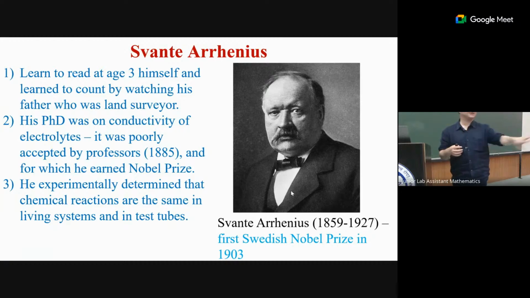They thought it was a disaster. They wanted to fail him, but just to be nice to him, they gave him a grade. In Sweden in those times, grades were 1, 2, 3, 4. He was given grade 4, the lowest possible grade. So yeah, there is no prophet in your own country, as you can see. And he got the Nobel Prize for this. So if you're brilliant students, you can eventually get the Nobel Prize.